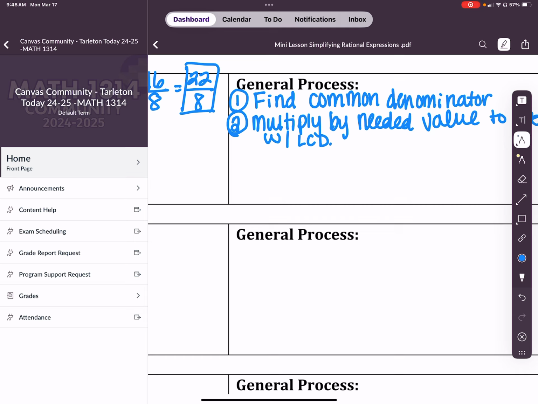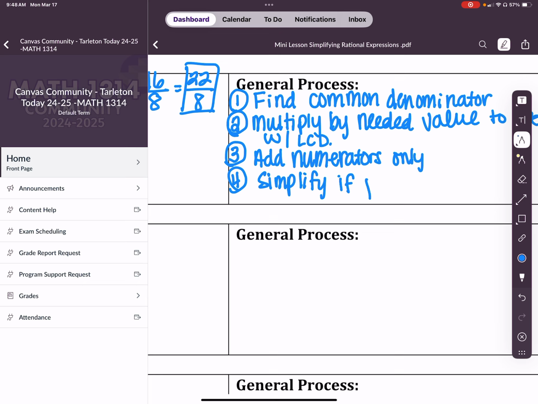And then the next step would be to add numerators only. Okay, you do not add your denominators, you only add your numerators. And then the last step, if needed, is you're going to simplify if possible.